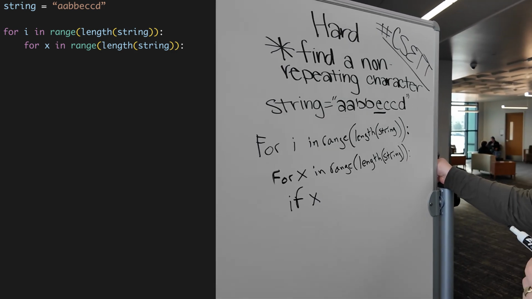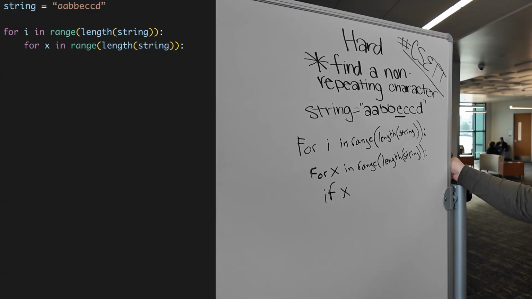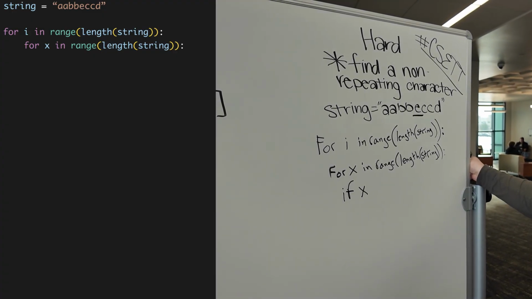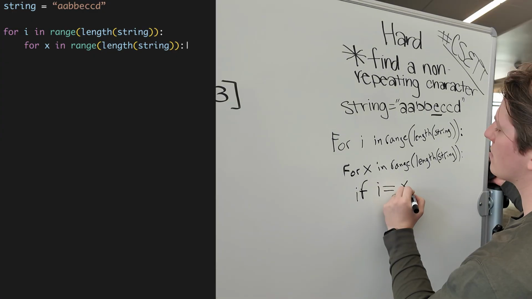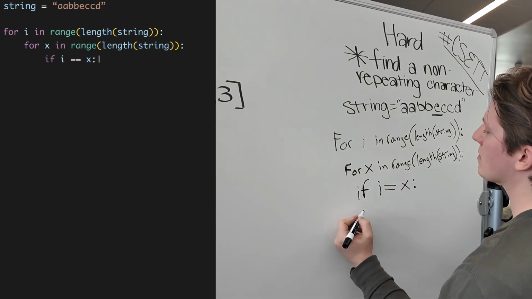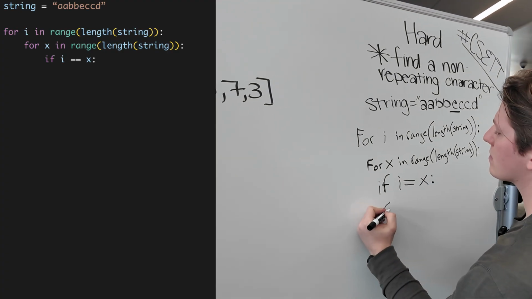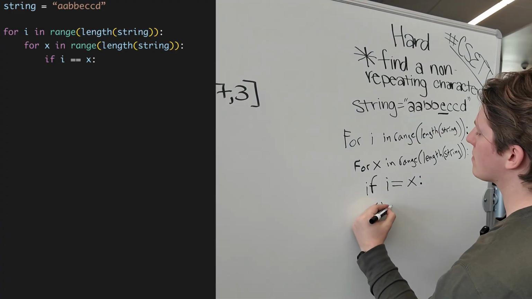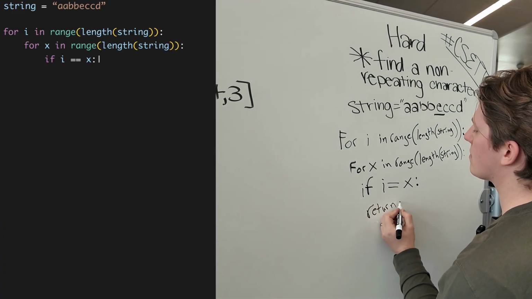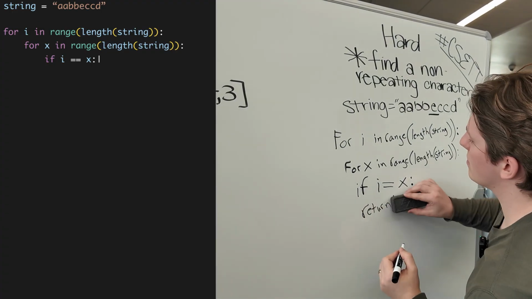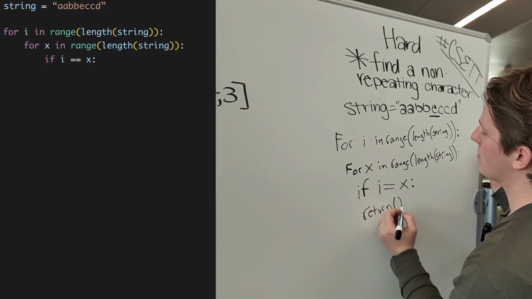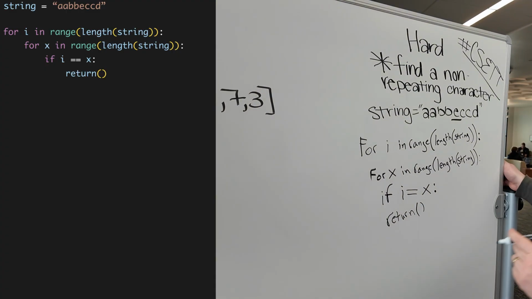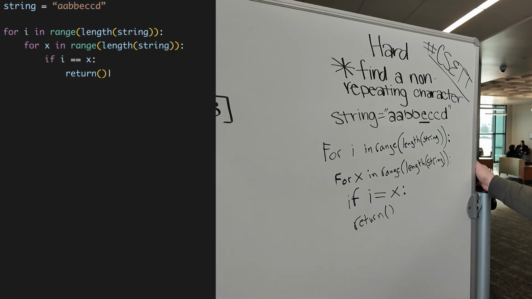So then you're going to want to do if i is equal to x, and then it would just return because that's what we're not looking for. And that would just break out. You don't need a return statement because then it just breaks.